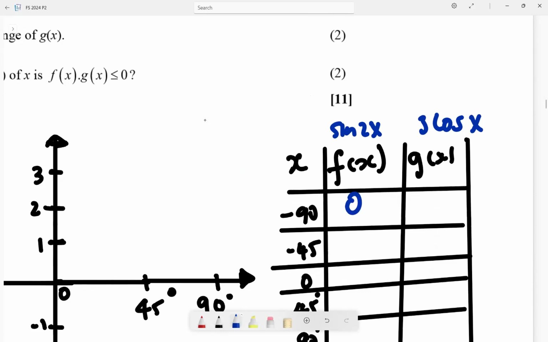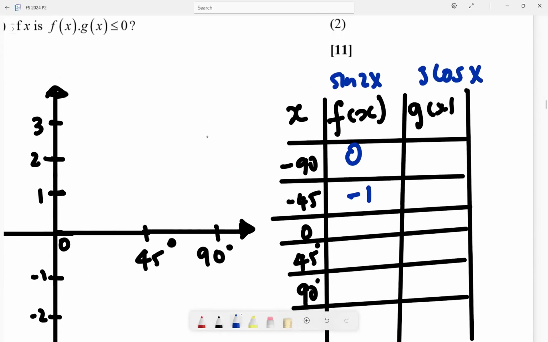Then substitute negative 45, you get negative 1. Substitute 0, you get 0. Substitute 45, you should get positive 1. Then you substitute 90, it's 0.